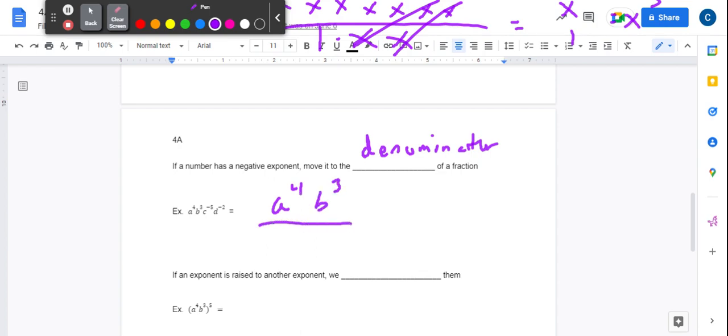The other ones will move to the bottom. So we have c to the 5th on the bottom, d squared on the bottom. Negative exponents will move to the denominator of the fraction, and then we make them positive. I should have put that down.